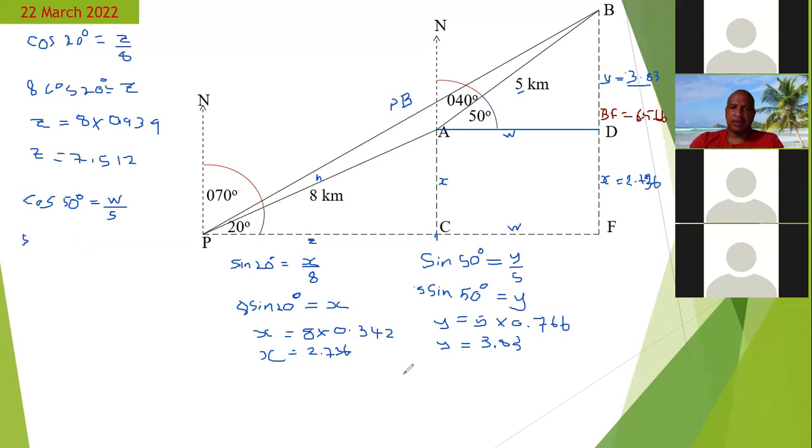So we bring over the 5 and times the cos, right? Yes, sir. So 5 cos 50 is equal to W.